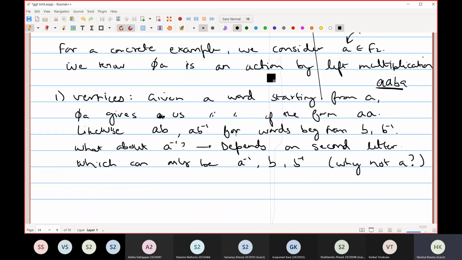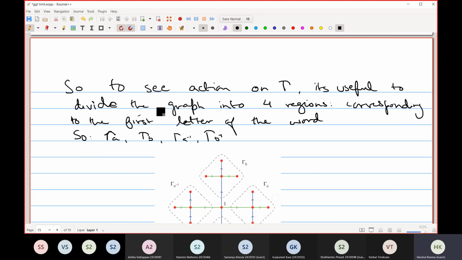So instead of seeing what it does to each and every element, we divide our whole tree into 4 regions: words that start from A, words that start from B, and so on.